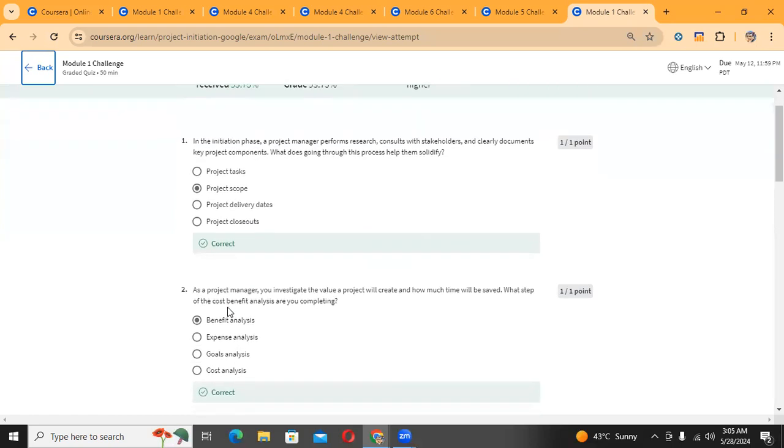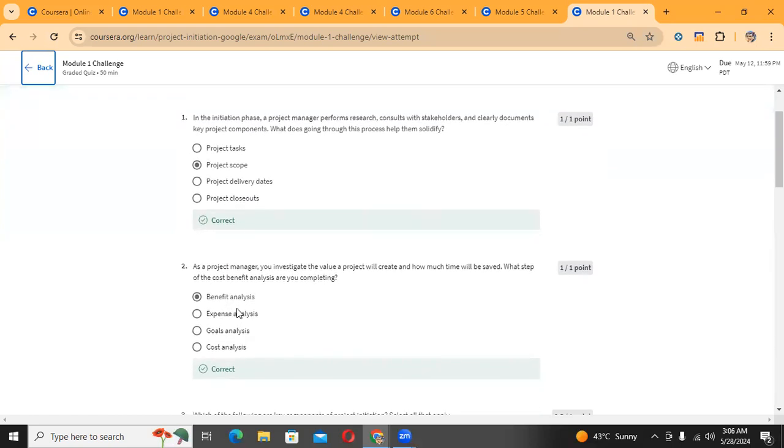The answer to the second question is a step in the benefit analysis, because as a project manager you investigate the value a project will generate. When you assess the time savings it will bring, you are conducting a benefits analysis.